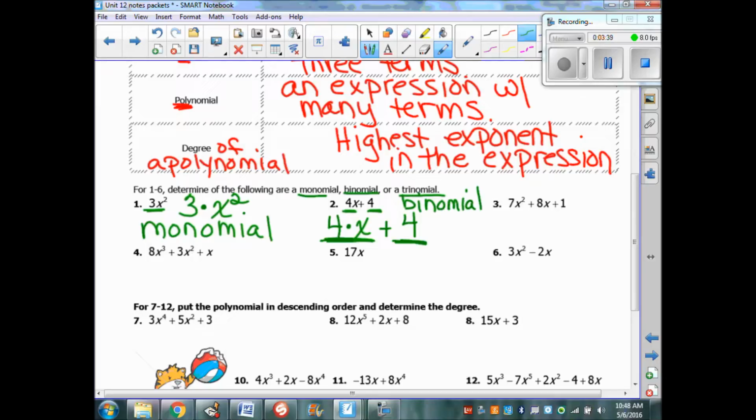And then in number 3, 7x squared plus 8x plus 1. We have an x squared term, we have an x term, and then we have a constant on the end. The constant means doesn't have a variable with it. That has 3 terms. That's considered a trinomial. I want you to come to class with 4, 5, and 6 done.